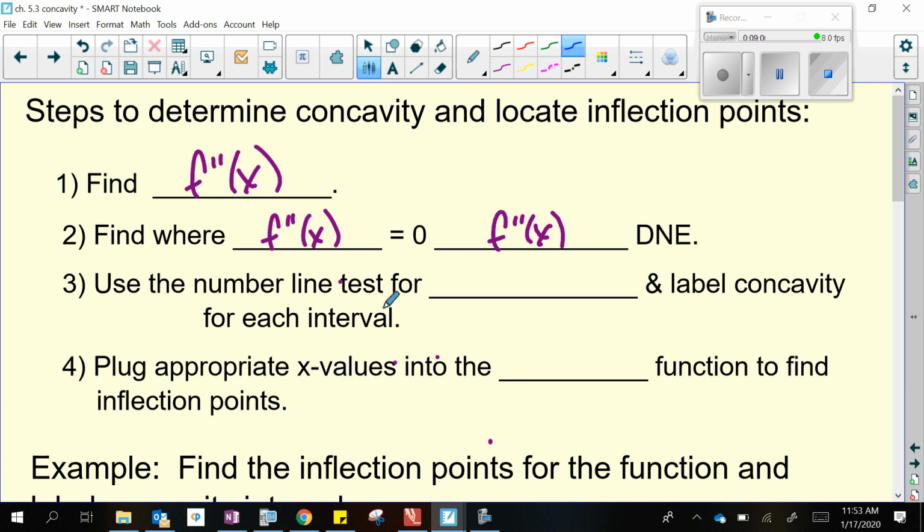We're going to use the number line test for the second derivative and label concavity for each interval. And then we're going to plug appropriate x values into the original function to find the inflection points.